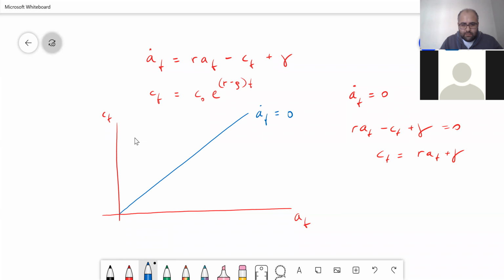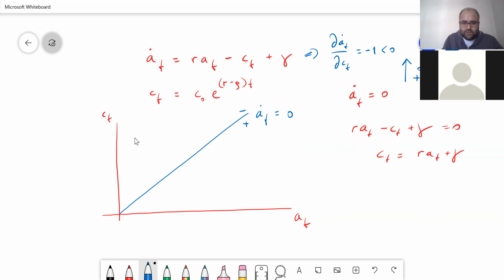And in this model, you notice one thing. First of all, you can tell from this equation that A dot T, the derivative with respect to CT, is negative, right? So in this direction, when CT is increasing, this must be decreasing.